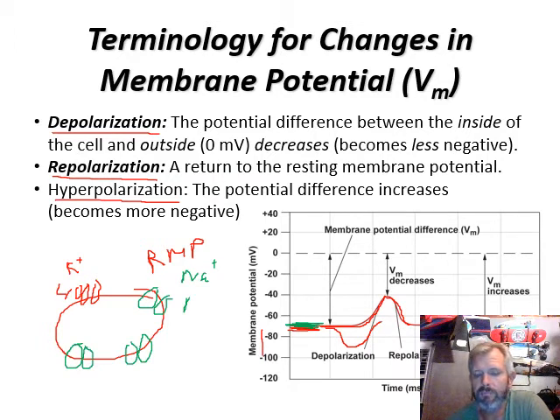What if I had a bunch of sodium channels that I could open? What do you think would happen to this membrane potential? These are always open, so that's keeping us here. But what if I opened up a ton more sodium channels?